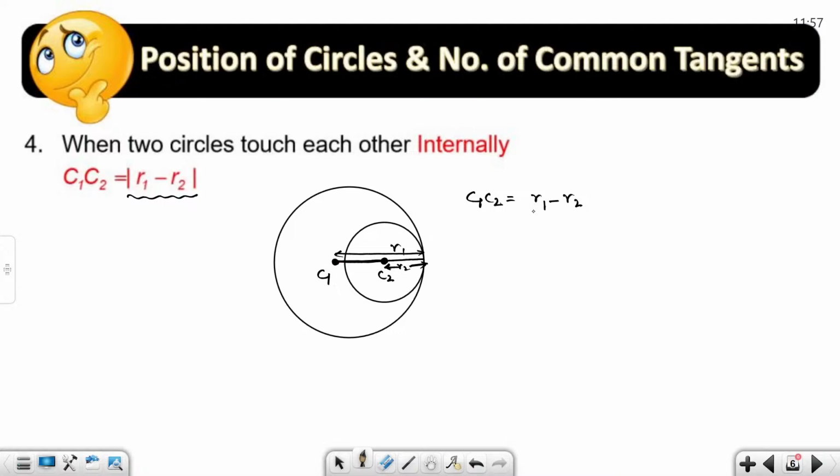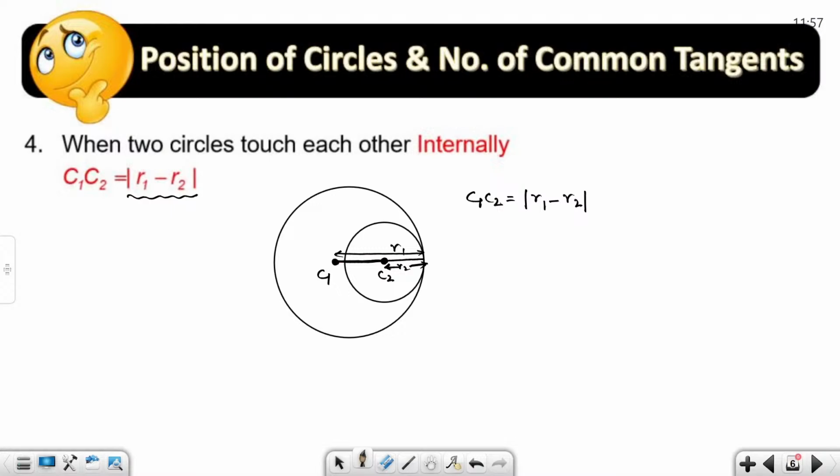But I don't know which one is greater. In this case, your R1 is greater than R2, but it may so happen that your R2 is greater than R1. So that is the reason why I am giving a mod sign over here. Is it clear? So what is the condition that these two circles will touch each other internally?